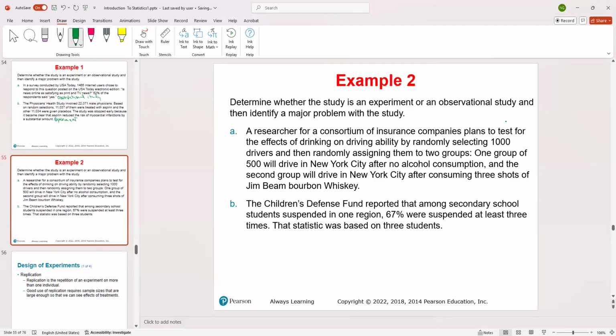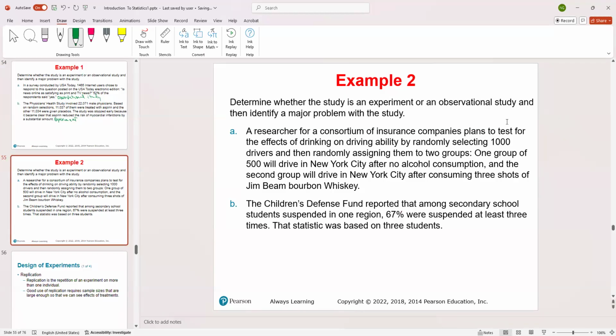A researcher for a consortium of insurance companies plans to test for the effects of drinking on driving ability by randomly selecting 1,000 drivers and then randomly assigning them to two groups. One group of 500 will drive in New York City after no alcohol consumption, and the second group will drive in New York after consuming 3 shots of Jim Beam bourbon whiskey. Which is really bad. You should never suggest that someone take the wheel after drinking.